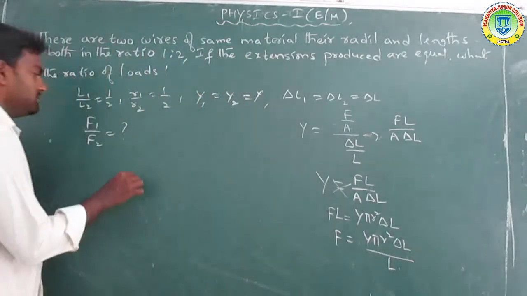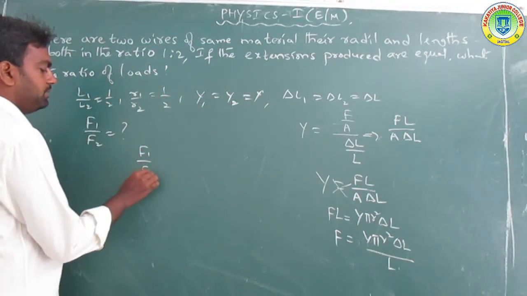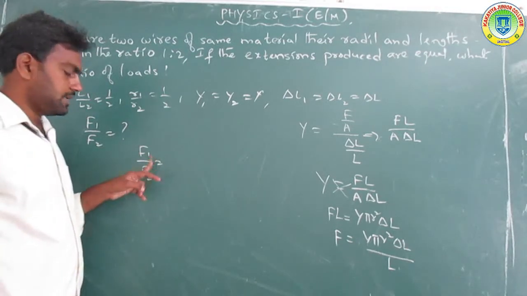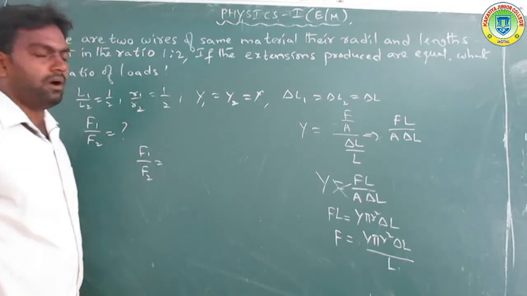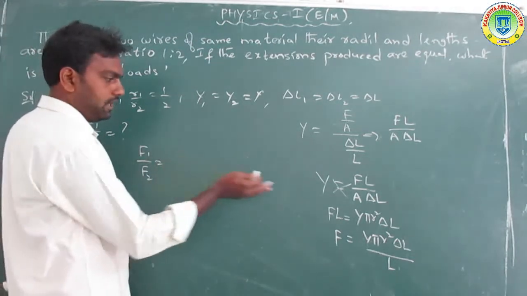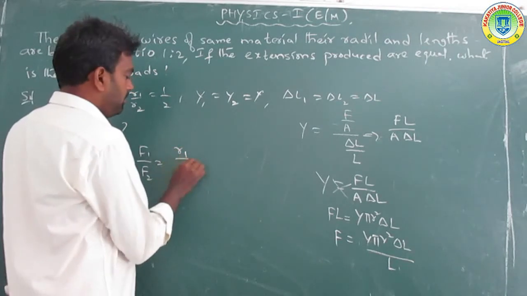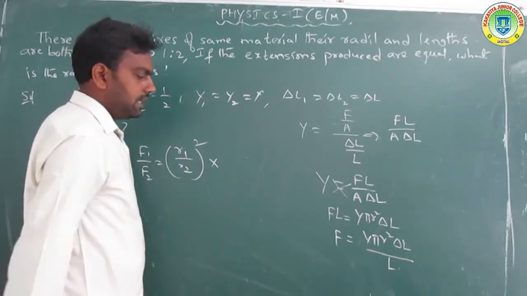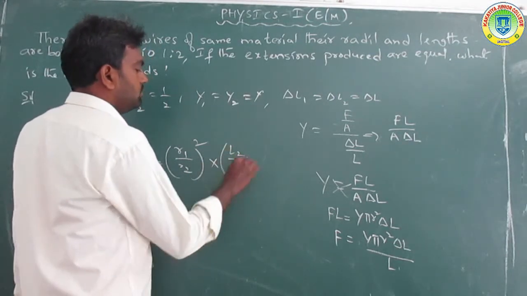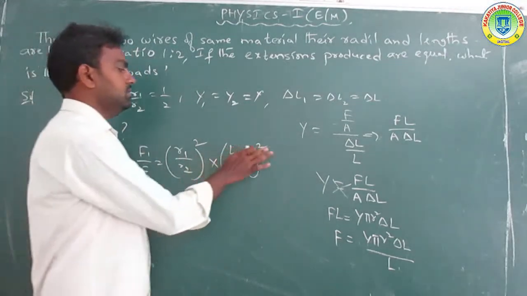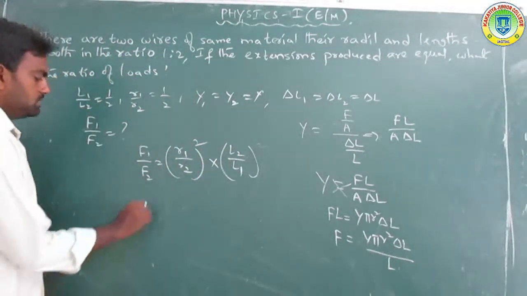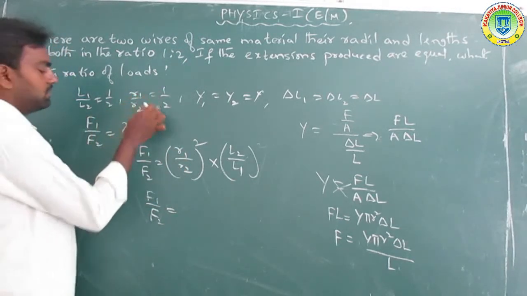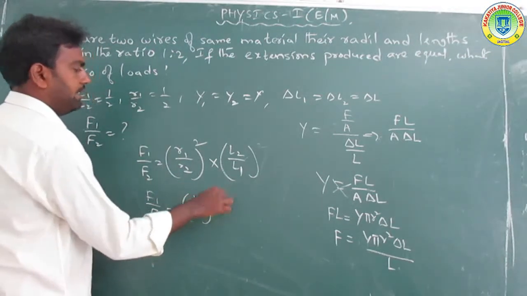Considering the two wires of the same material, the force F1 by F2 is equal to R1 by R2 whole square, times L2 by L1. Not squaring the length, only R1 by R2 is squared. So F1 by F2 is equal to (1 by 2) whole square into L2 by L1.